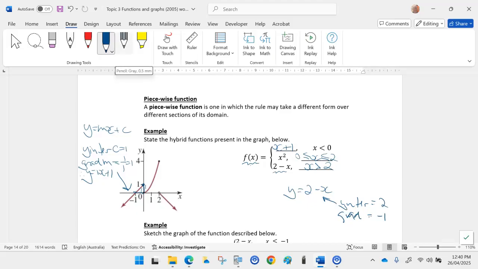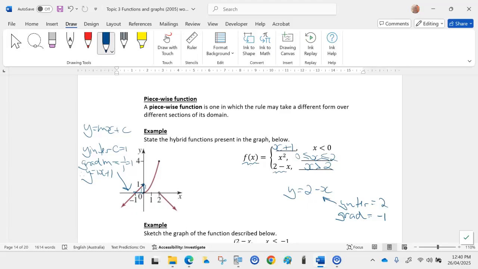And if I was to take this line back, I'm sure it would cross over the y-axis at 2, and we know it's sloping downwards, so its gradient would have to be negative for a start. So I'm thinking we're pretty right in saying that, yes, this is the function y is equal to 2 minus x for values of x greater than 2.